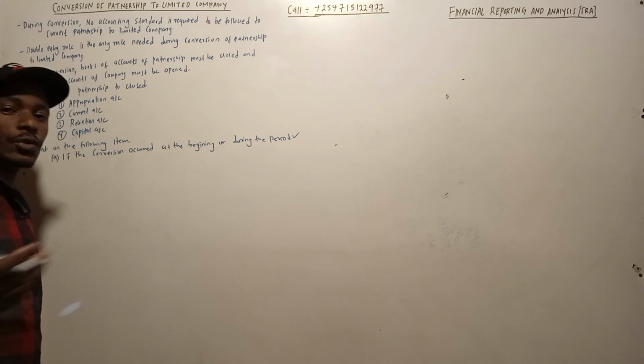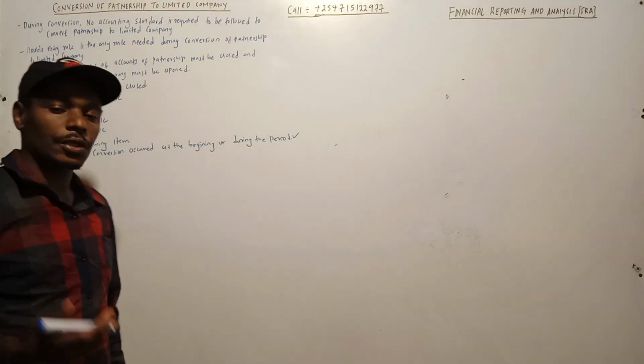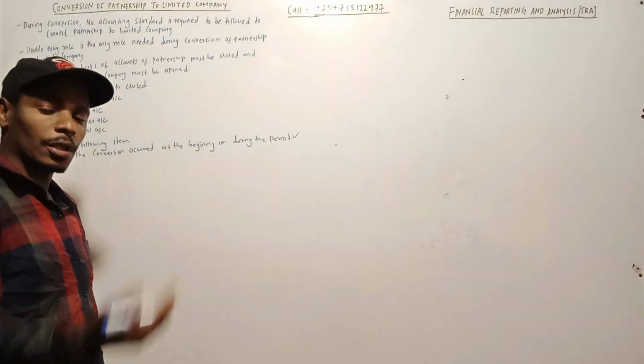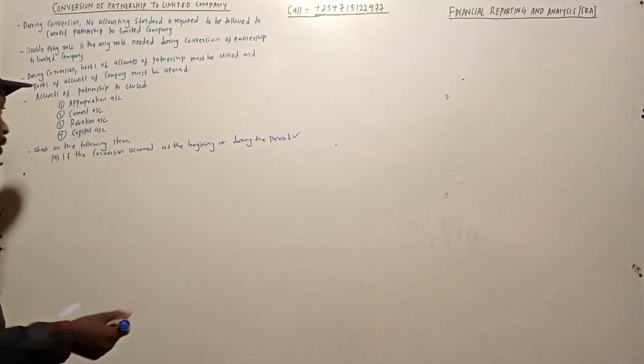So before you start a question, make sure you check, when did this conversion occur? Was it at the beginning or during the period? So that your portions are correct.